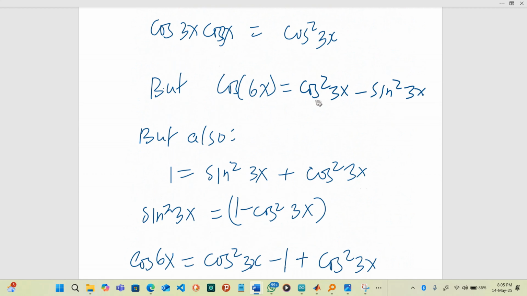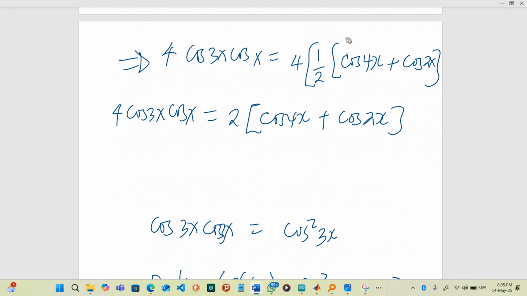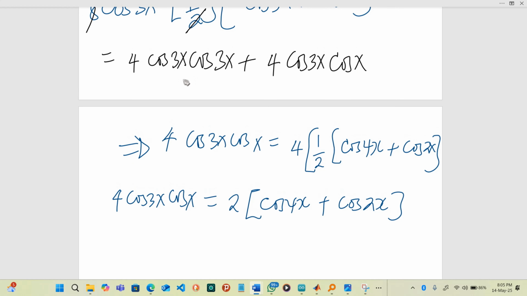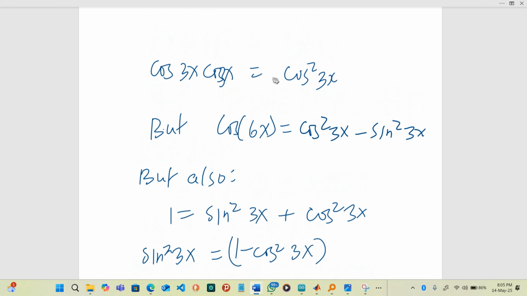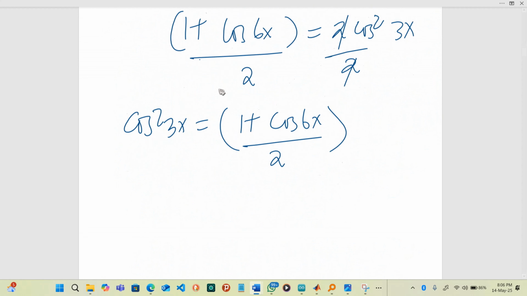So this one, we can now bring it up here. Remember, we had 4 times cos 3x, cos 3x. We are talking about this component here. Remember, we have handled this separately. So now we are going to have 4 into this.